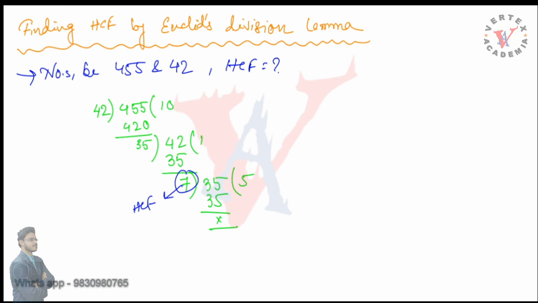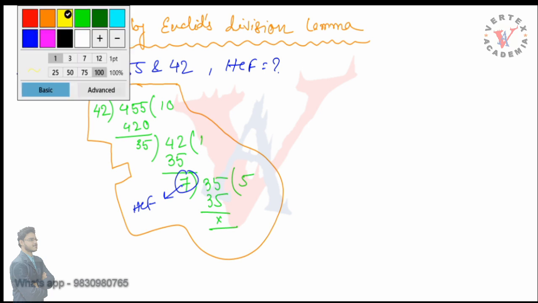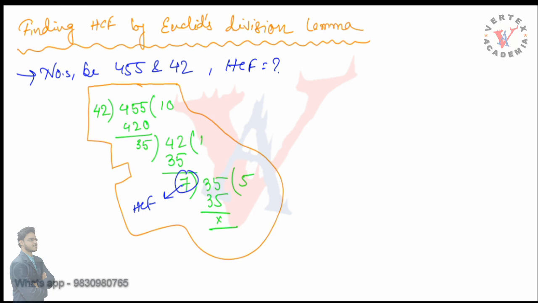Now we have to do one thing. From this previous knowledge we will get to the conclusion of how to find HCF by Euclid's division lemma. If we consider this first division, this is the first step in finding the HCF.